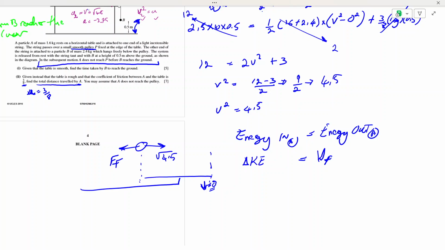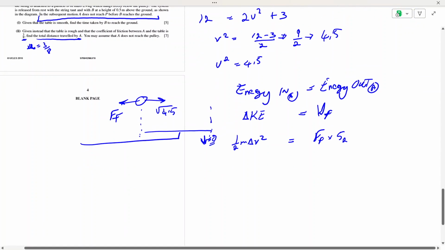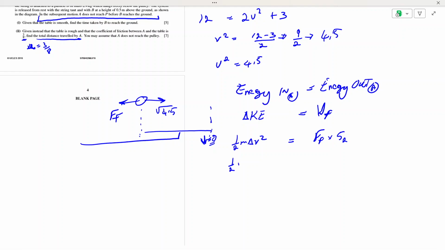That's what we want. So the change in kinetic energy, half m delta v squared, is equal to the frictional force multiplied by the distance it travels, s2, right? So half m (v squared minus 0 squared), since the final velocity is 0 and the initial velocity is this part here, is equal to 3/8 times the frictional force, which we already found, 1.6 g, multiplied by h2.